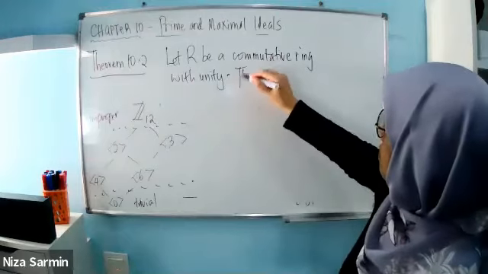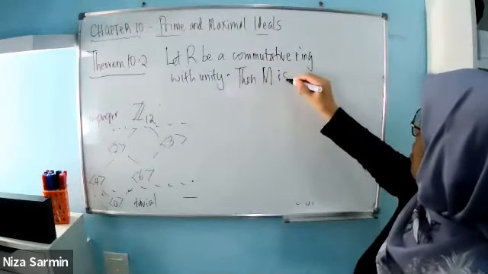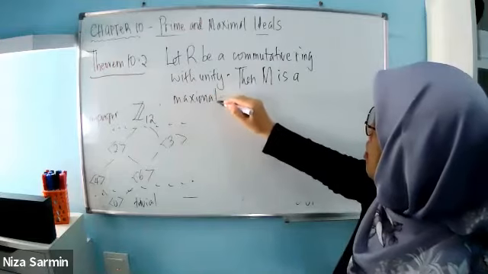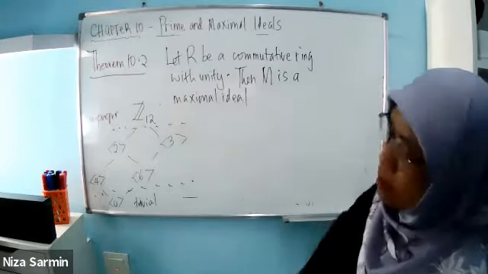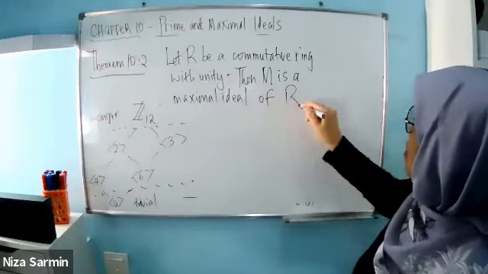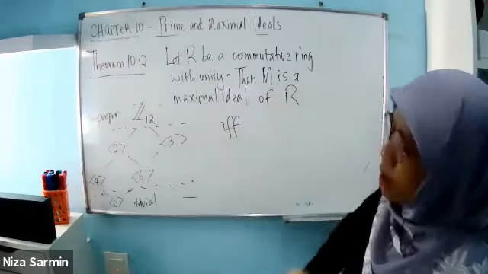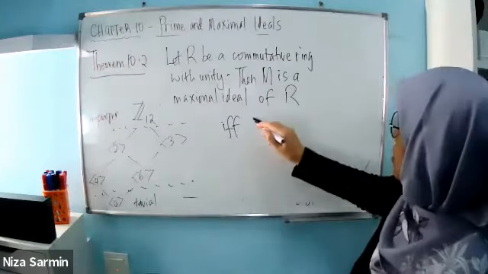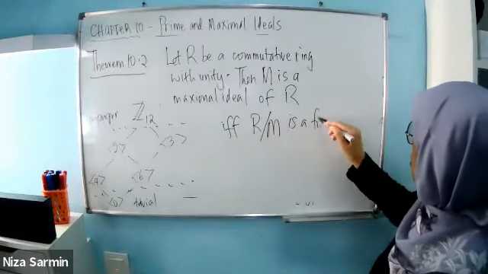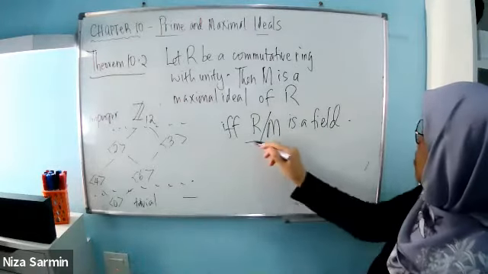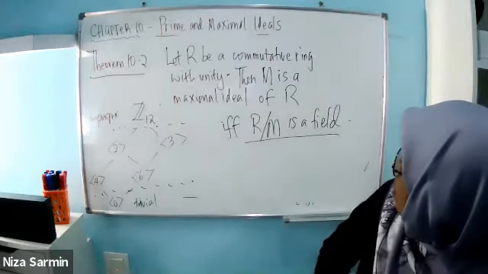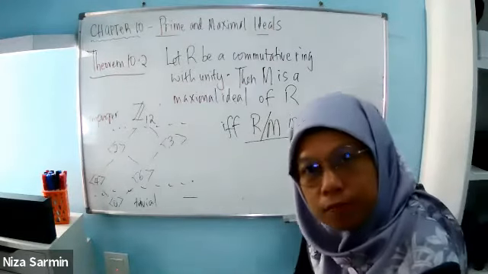Then M is a maximal ideal of R if and only if R mod M is a field.